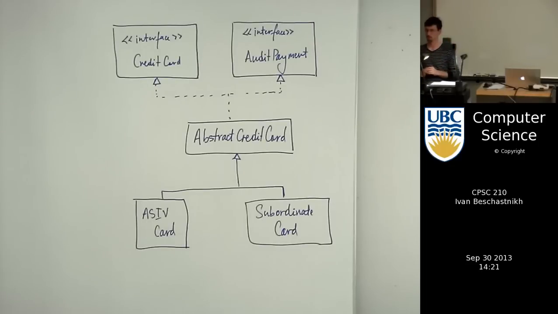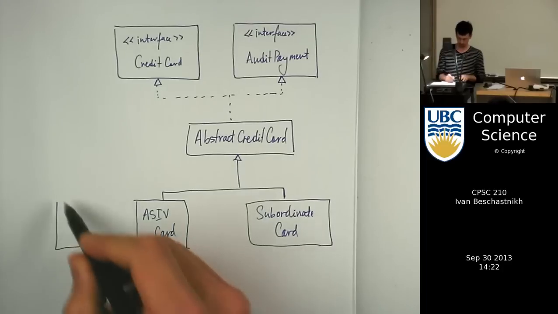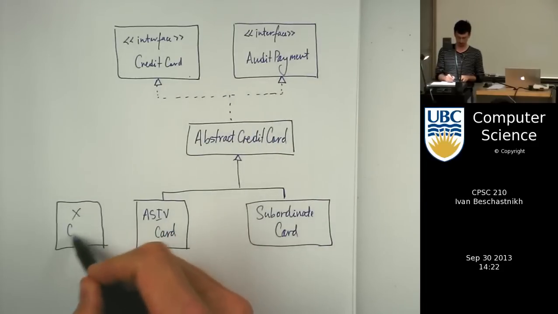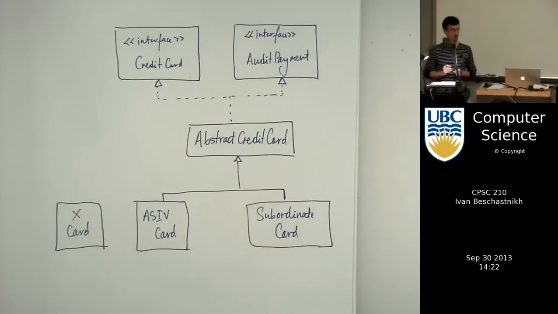If you had the credit card instead, and you wanted only two of them to implement the audit payment, would you make an abstract class for audit payment instead? Good question. Yeah, if I had a third credit card here, and I decided that I wanted it to be a credit card, X card, but I don't want it to implement this interface, what do I do?